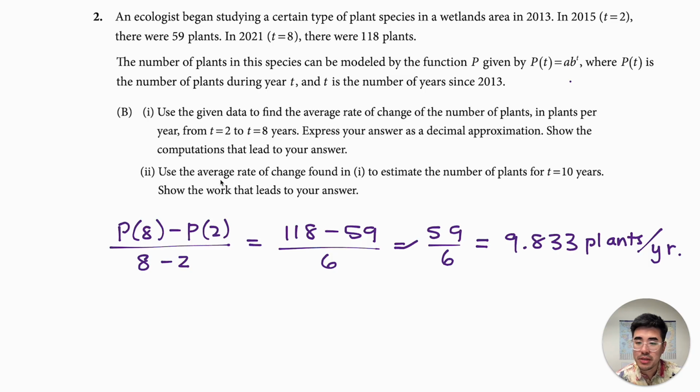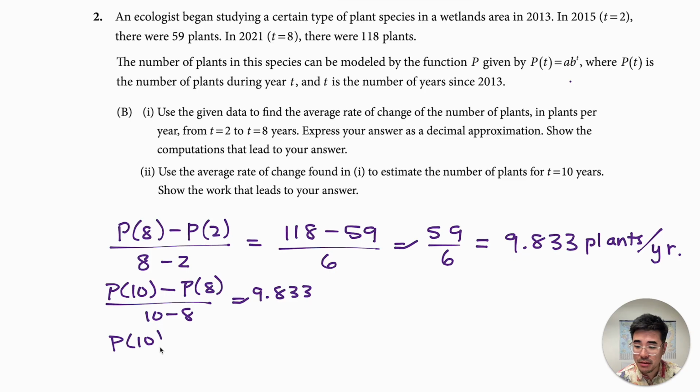So for part 2, I'm just going to use the average rate of change found in part 1 to estimate the number of plants for 10 years. So I'm just going to set up my equation like this, P of 10 minus, and I can pick either point. I'm just going to do P of 8 over 10 minus 8. And then that's going to equal 9.833. So then if I were to solve P of 10 minus P of 8, I would multiply both sides by 2.